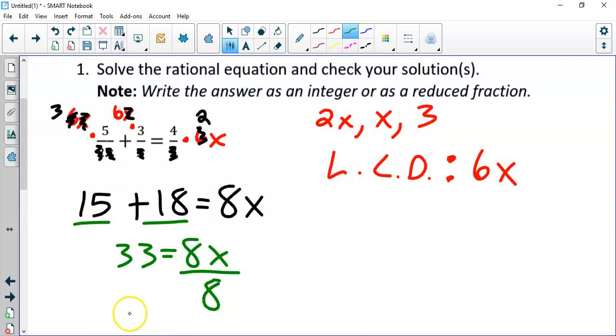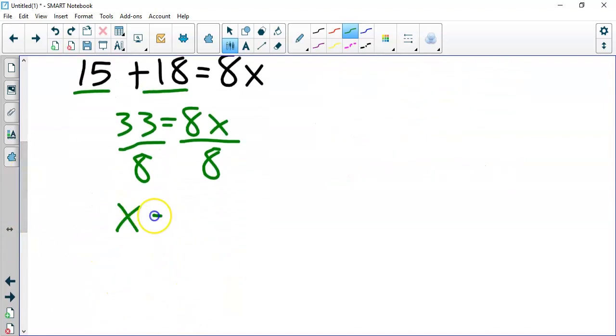Divide by 8. And x equals what? 33 over 8, because they want the fraction. But again, we're not done. Remember, in this section, these are the possible answers. What do you have to do? We got to check it. And how do we really just check it real quick?